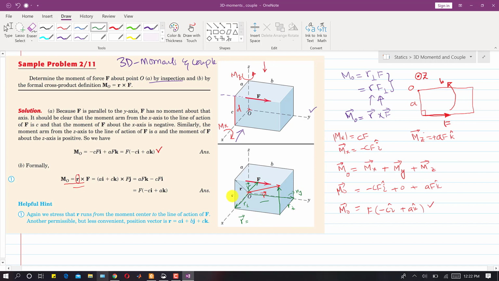Rx is C, so I will write Ci, and Ry will be this Bj, and Rz will be this Ck, and this will be Ai. So this R will be equal to Ai plus Bj plus Ck. So if we take this as a moment arm, then that is the vector representation of this R.